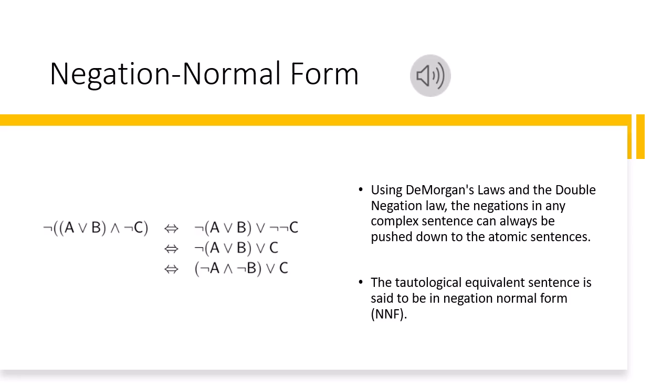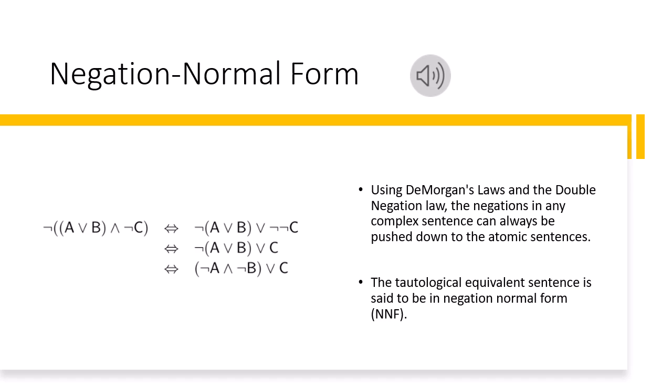What we find is that we take the negation to this A disjunction B, and then we take the negation to that negation C, so we end up with negation C, and then the conjunction flips to a disjunction. And again, what we're using there is De Morgan's law, which is a tautological equivalence or a tautological consequence.